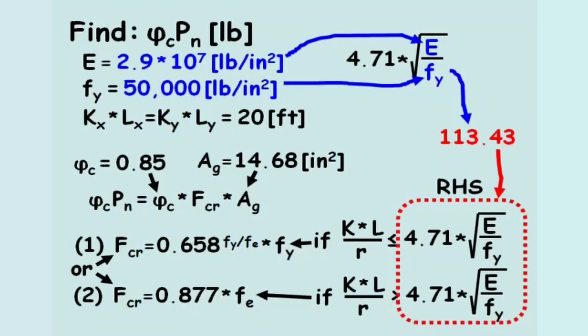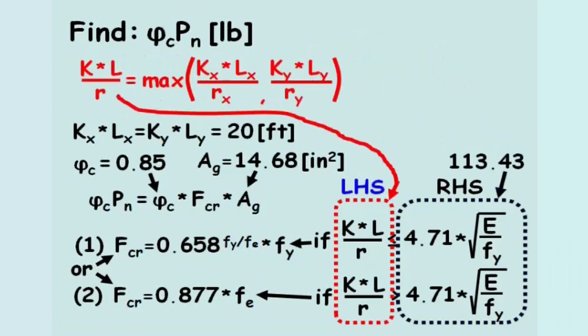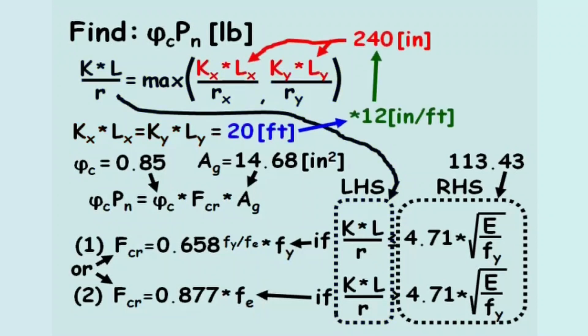Next, we'll solve for the slenderness ratio, KL over r. The most conservative slenderness ratio is the largest slenderness ratio between the x and y axes. From the problem statement, the effective length about both axes equals 240 inches.